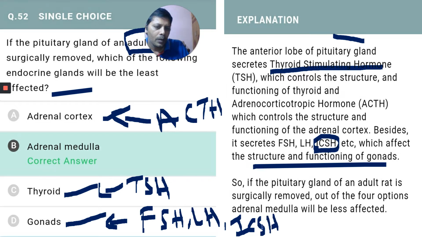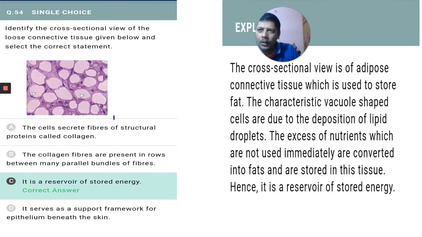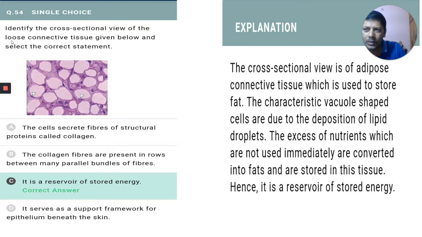So the endocrine gland least affected is the adrenal medulla. If the pituitary gland of an adult rat is surgically removed, out of the four options, the adrenal medulla will be the least affected.